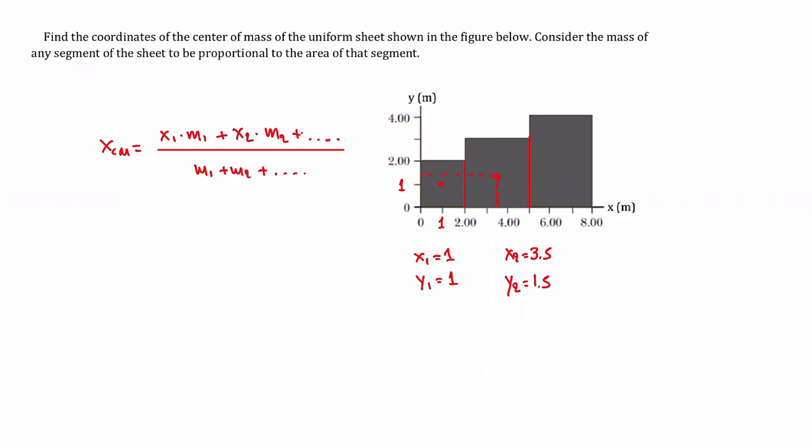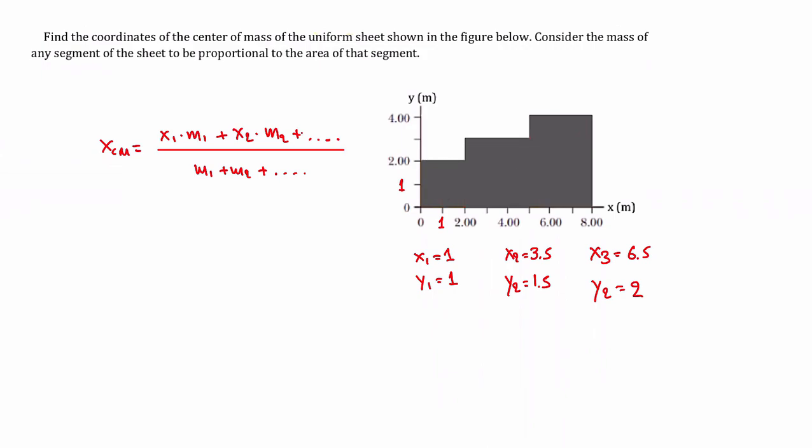And for the third object, the x3 is exactly at the center of the object. If necessary, we can draw the diagonal. So the center of mass is at the position 6.5, and the y coordinate is at position 2. Now that we know the locations of the center of masses, we can spend 1 minute finding the masses themselves.